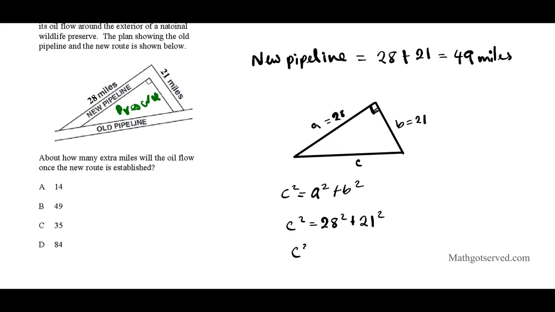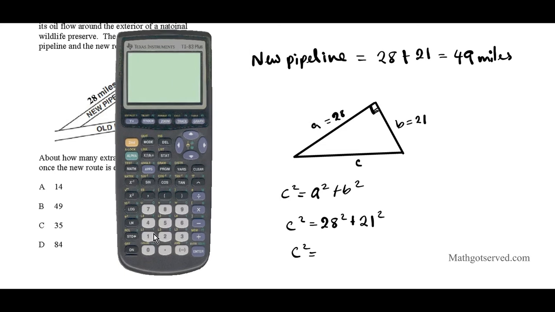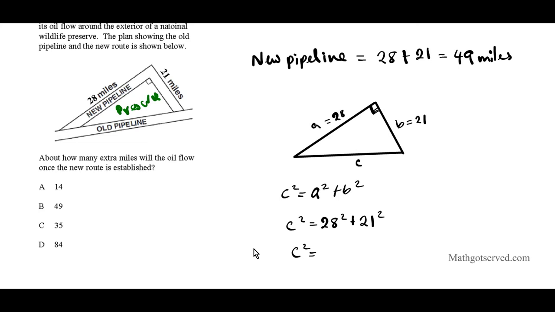So we have C squared equals, let's plug that into our calculators and see what we get. 28 squared plus 21 squared is 1225. Okay, so C squared is 1225.